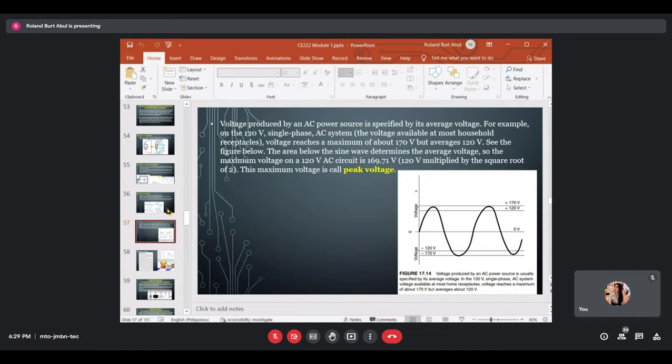Nakuha ba to? Yes, sir. Okay, so what if kung ang average voltage sa system na to is naa sa 230, pila man iyahang peak voltage?